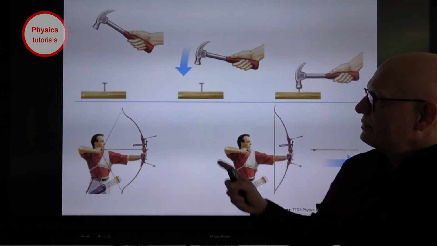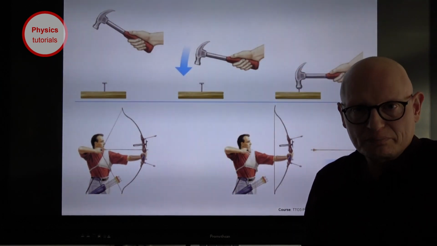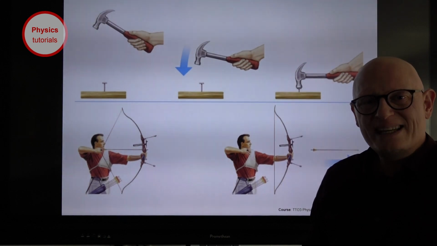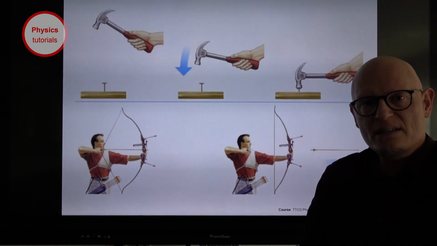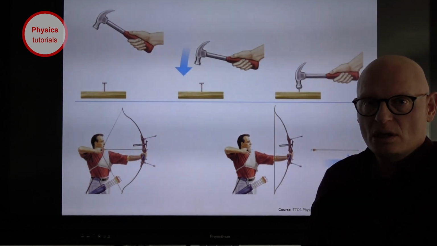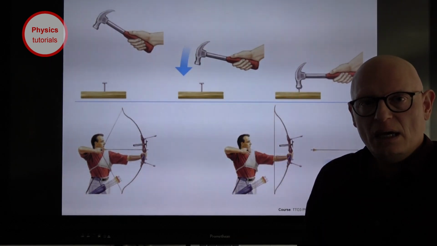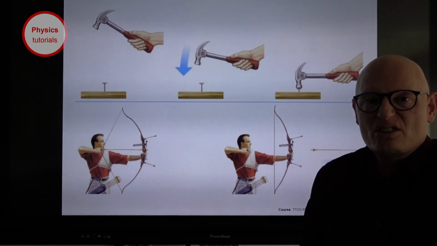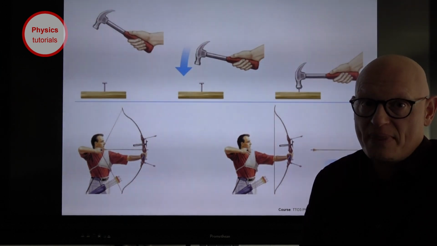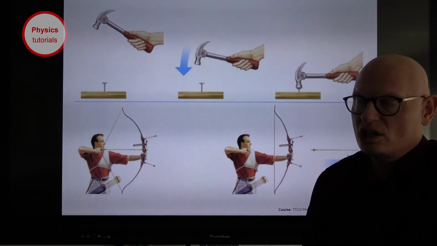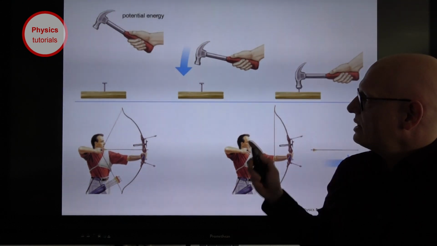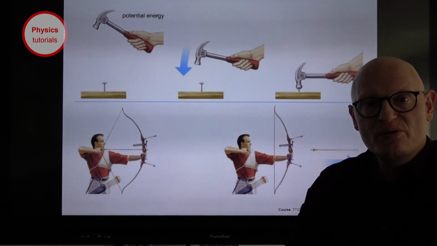Okay? Now we see an example of energy conversions. For instance, here, this hammer is hitting the nail. But when we look at the situation in stages, you could say that when the hammer is lifted, you cannot directly see energy yet, but there is potential energy. And then the hammer starts to move downwards.